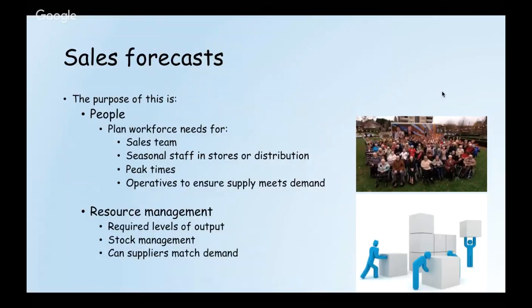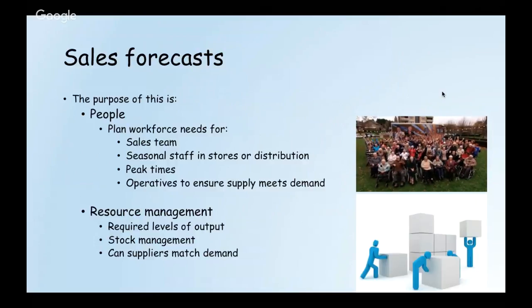It also helps us to understand the level of staffing that we need. So it helps us plan the workforce for the sales team. When do we need to encourage the sales team to up their game during particular periods? And when will we expect the sales team to be particularly busy? And will we need more sales staff available?